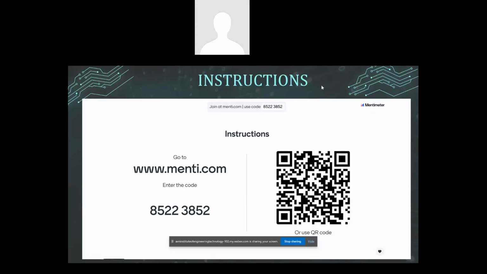You can use your mobile or a laptop or whatever medium you are using, and just connect through this.